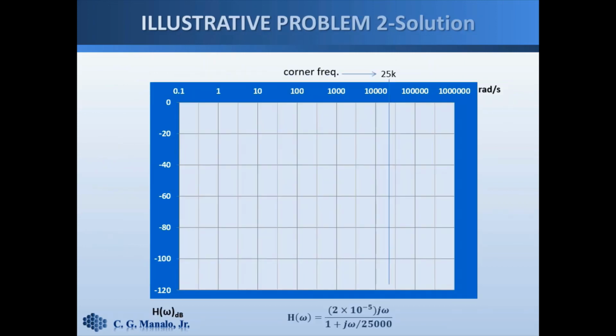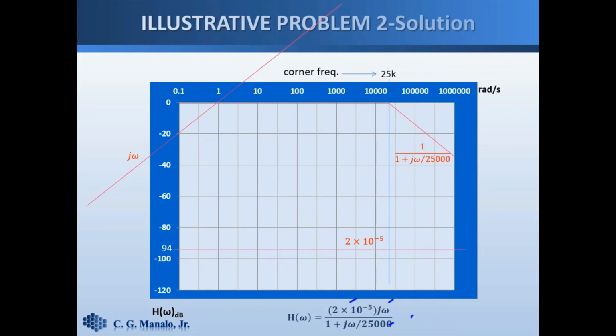Okay, so here's the transfer function again. So it has a constant gain, a 0 at the origin, and a simple pole. Okay, so these are the constant gain, 0 at the origin, and the simple pole.